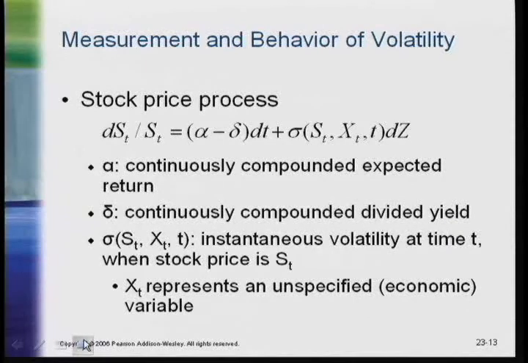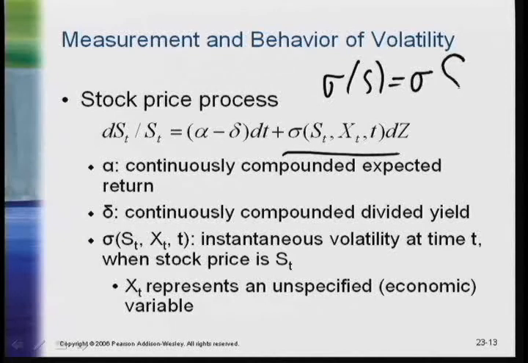So again, we go back to the typical price process. This is a slightly more general one. Our typical sigma function is in fact simply a constant sigma times S. But this is slightly more general.